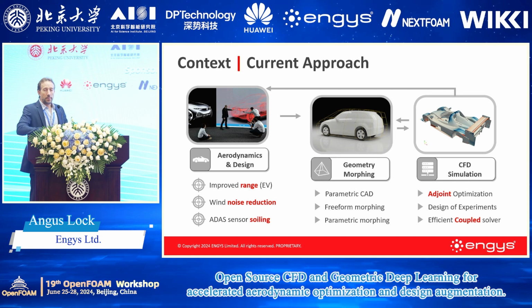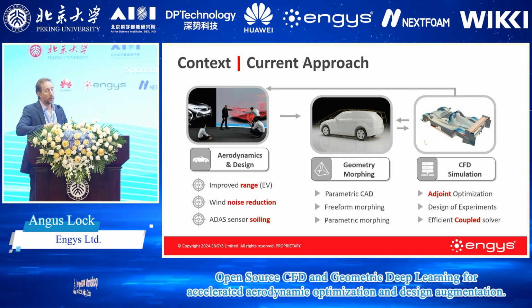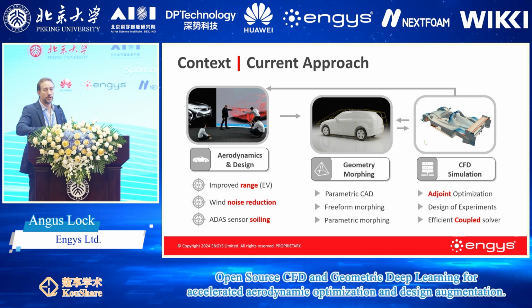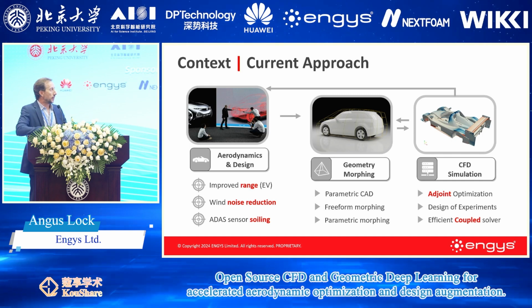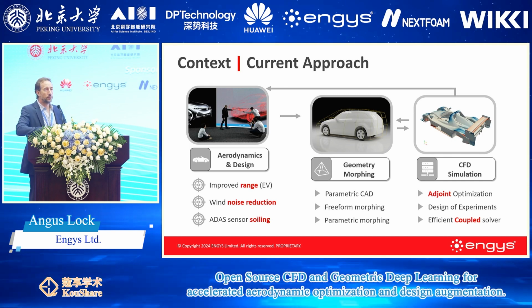Another thing that's happened with electric vehicles is we've got rid of the noisy motor that sits up front or behind you, so wind noise is far more noticeable than it was previously. Wind noise reduction is a key target criterion for electric vehicle development.